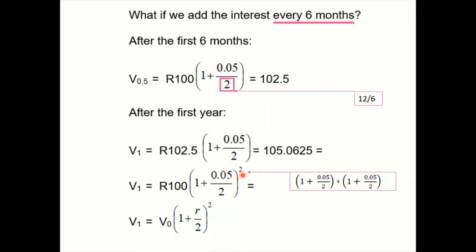And if we want a more general formula, the value of our investment at the end of year 1, when interest is added every 6 months, is the value of the original investment times 1 plus the annual interest rate divided by 2, and then we have to square that.